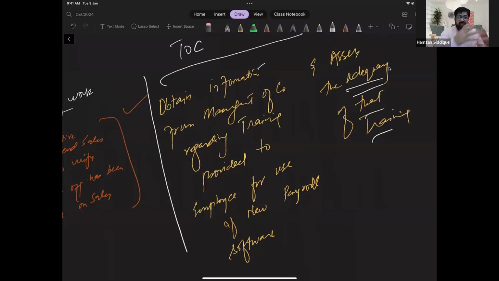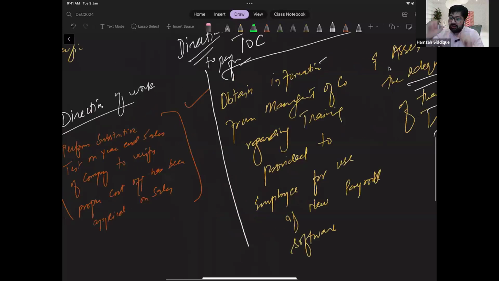That auditor is assessing the adequacy of training. But no, it is a direction to perform a test of control. Obtain information and check adequacy of training. How to test adequacy of training? That will be a different way of further procedures. It is again direction of work.